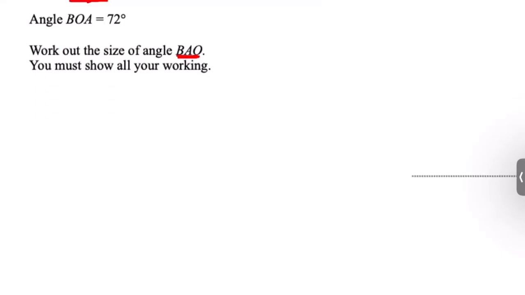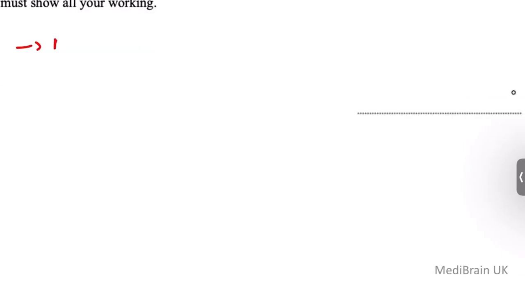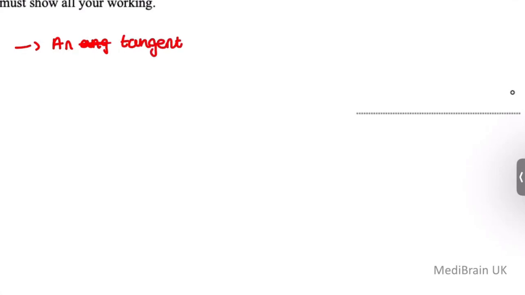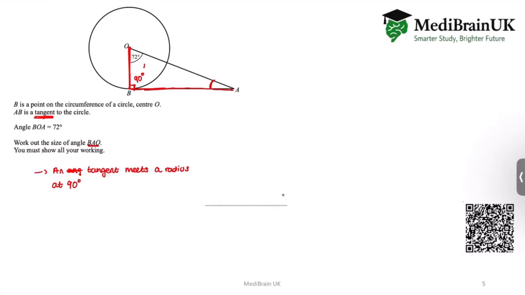So we're going to say that a tangent meets a radius at 90 degrees. That's the first thing that we noticed with this question.